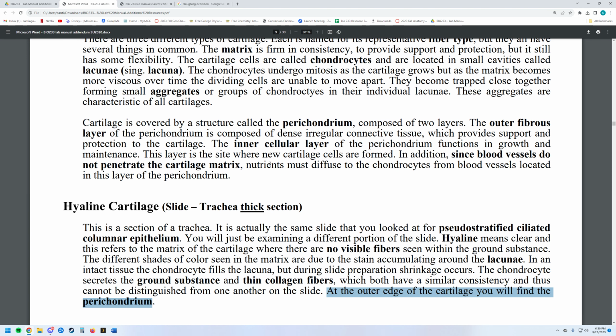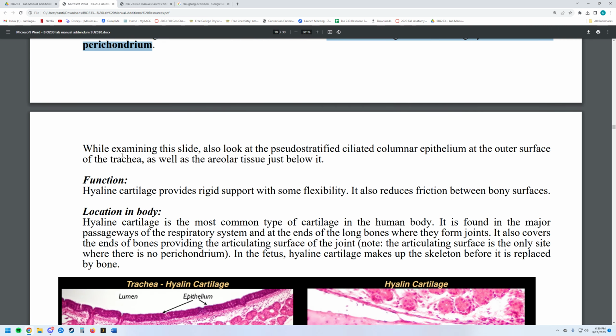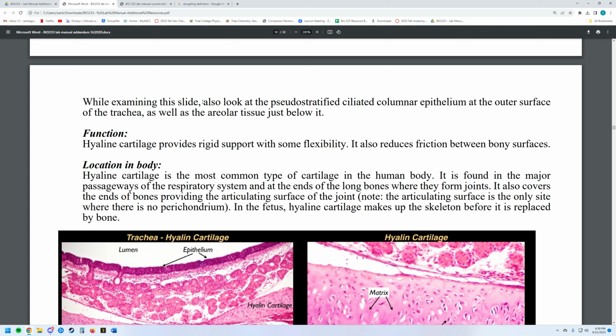And the perichondrium has two layers, an outer fibrous and an inner cellular. All right. While examining this slide, also look at the pseudostratified ciliated columnar epithelium at the outer surface of the trachea, as well as the areolar tissue just below it.